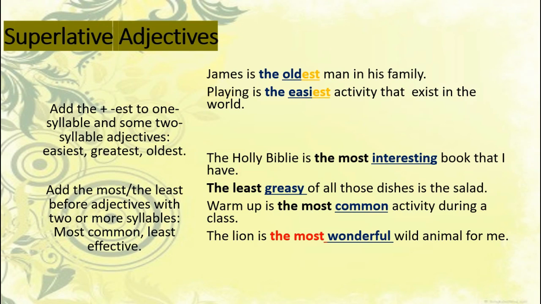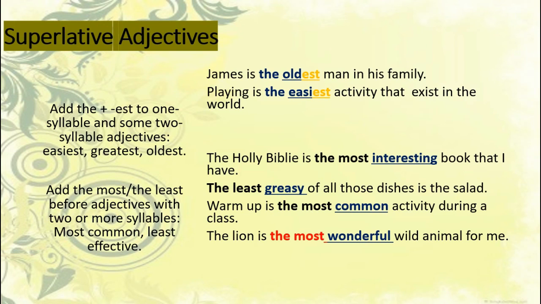Examples: James is the oldest man in his family. We add the article the plus the adjective adding est at the end. Or playing is the easiest activity that exists in the world.